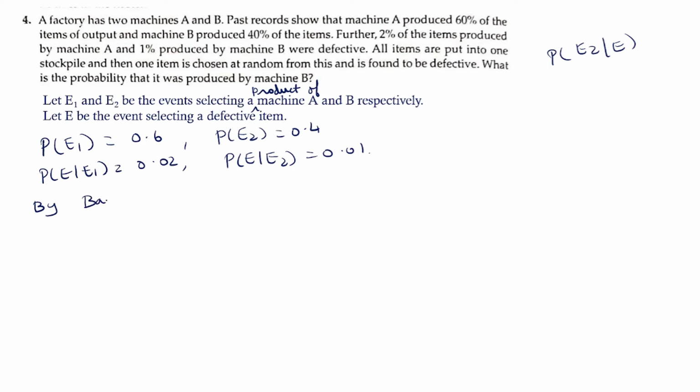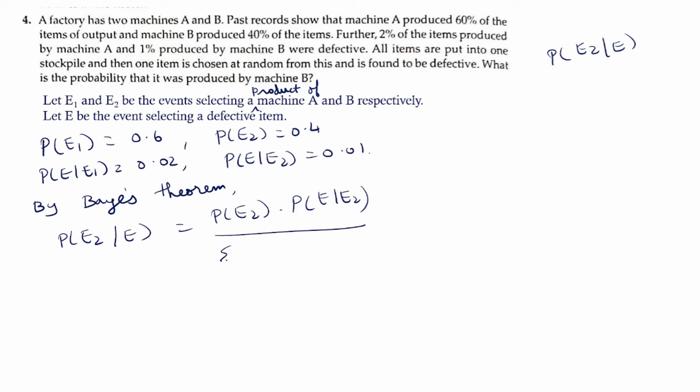By Bayes theorem, probability of E2 given E is equal to probability of E2 into probability of E given E2, upon summation i equal to 1 to n of probability of Ei into probability of E given Ei.